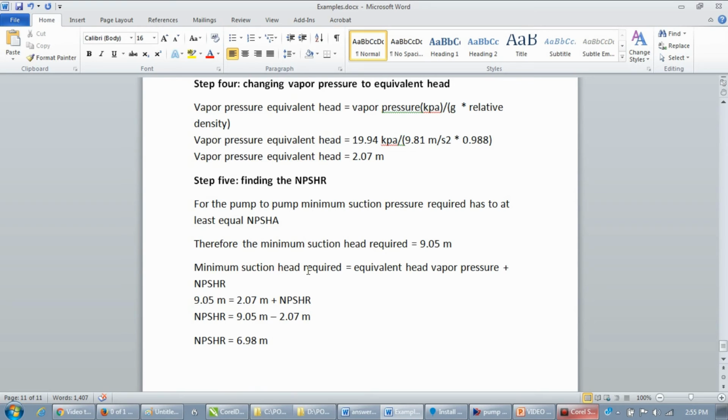Minimum suction head required equals the equivalent head vapor pressure plus the net positive suction head required. So, we know the minimum suction head required is 9.05 meters, and we know that the equivalent vapor pressure head is 2.07 meters. We can find the net positive suction head required. Net positive suction head required is 6.98 meters.